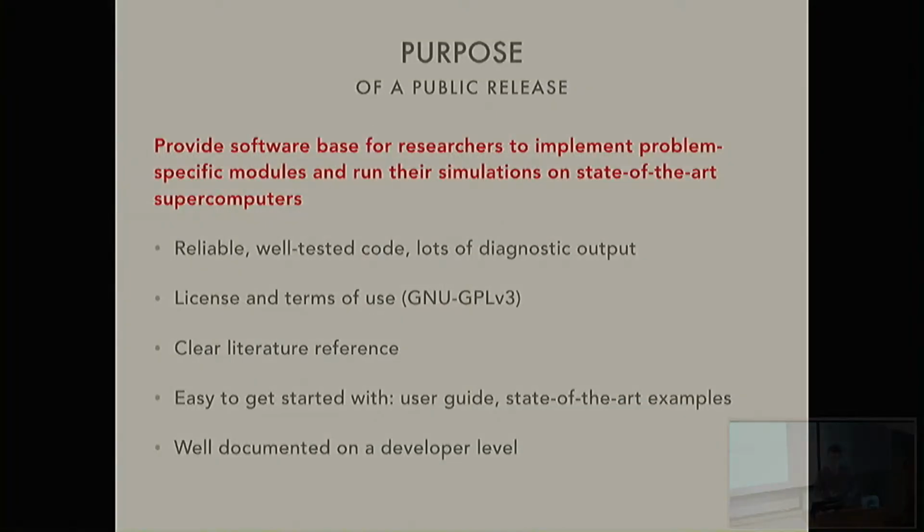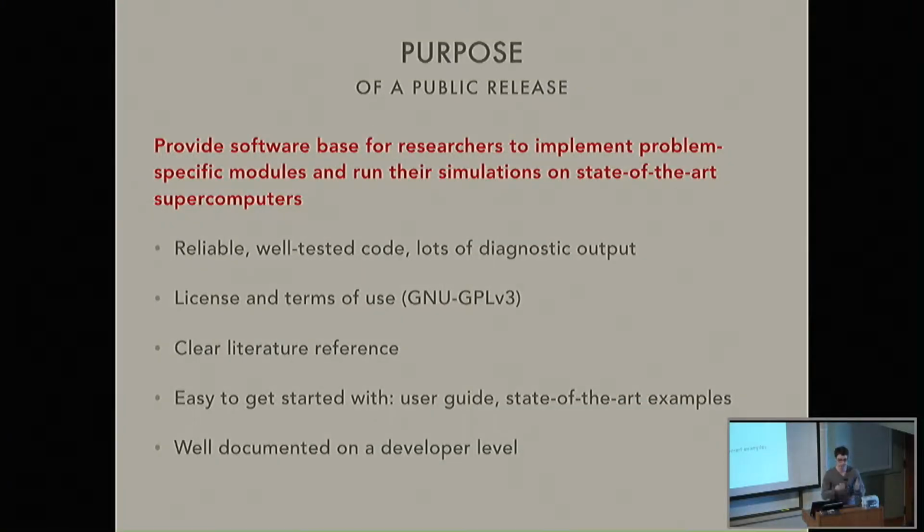So having this reasonably well tested code, we wanted to preserve this and make this available to the overall astrophysics community, in particular to the simulation community, and really as a basis to run their own simulations, also to develop further problem-specific modules and run this on modern supercomputers.